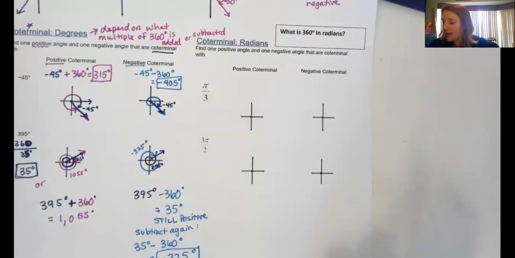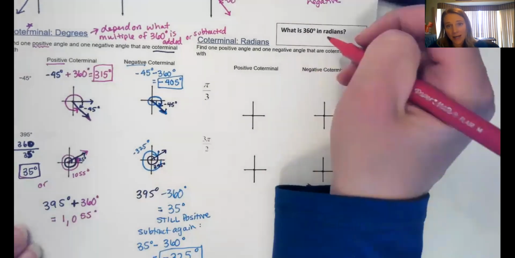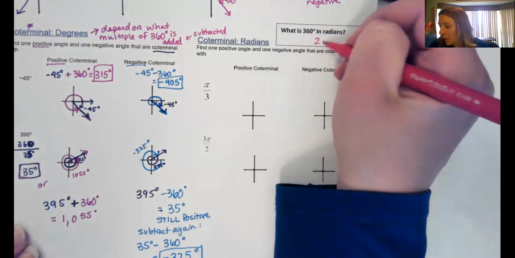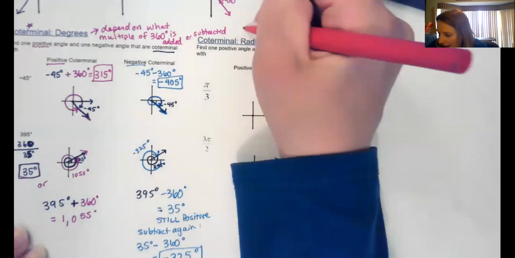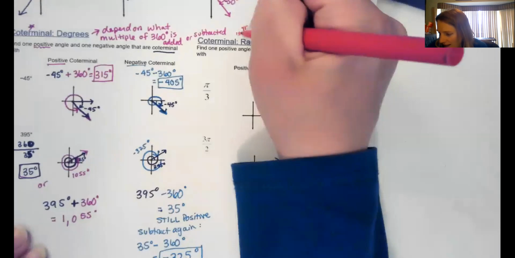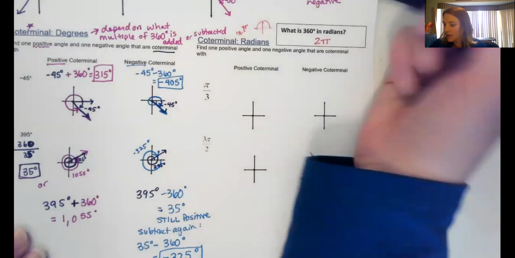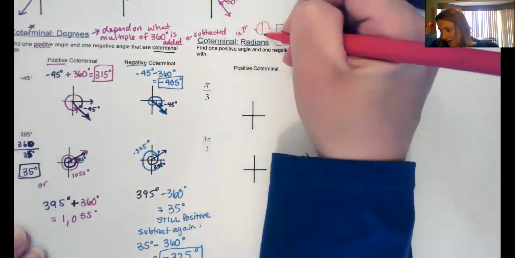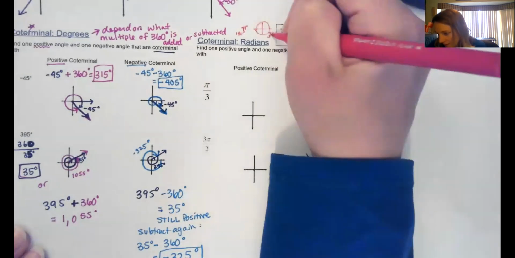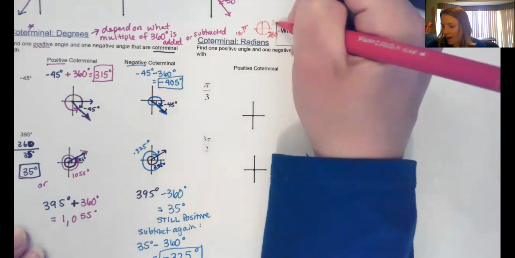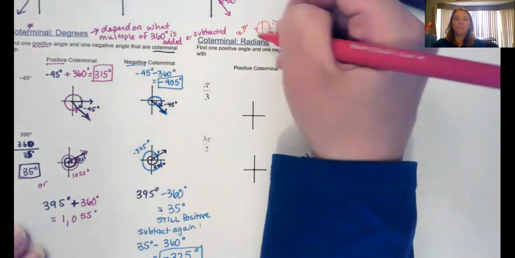This time, instead of 360 degrees, we're going to use 2 pi radians. We talked about our conversion factor last section, that pi is the same thing as 180 degrees. So another 180 degrees, which gets us to 360, is the same thing as 2 pi. 1 pi plus 1 pi.